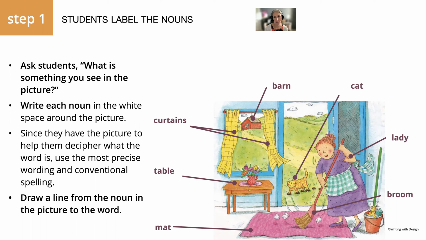One note on this, please make sure that you aren't capitalizing any of the nouns. So barn and cat and lady, they don't need capital letters at all in this activity, and really be conscious of that anytime that we're writing, because we want to be purposeful with capitalization, and words by themselves don't need to be capitalized unless they're proper nouns.